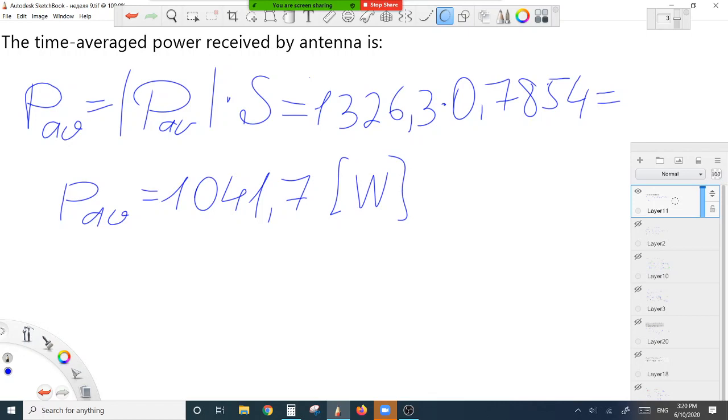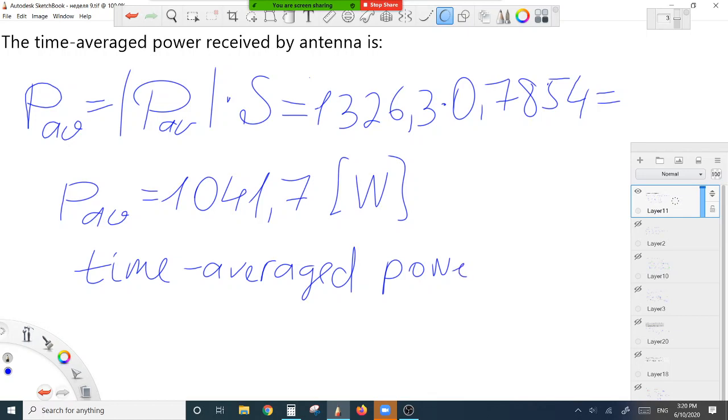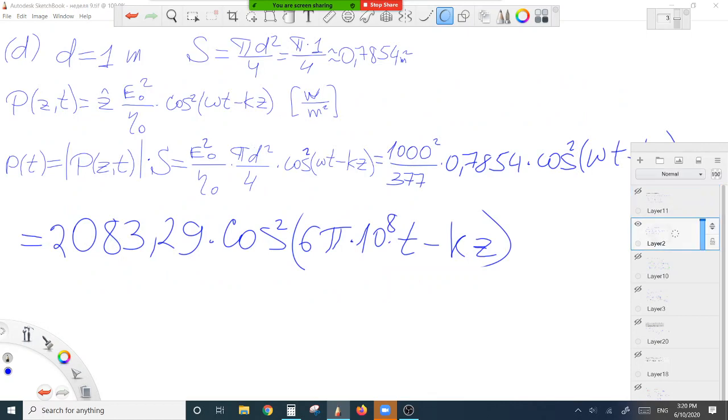This is the time average power received by the antenna, and the unit of measurement is watt.